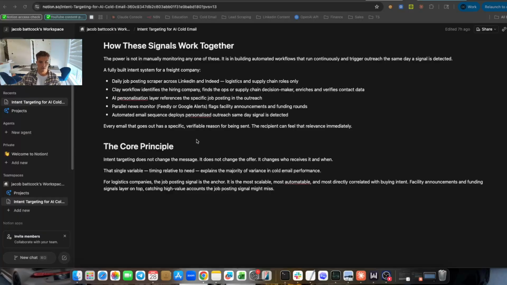So for logistics companies, the job post signal is an anchor. It's the most scalable, most automatable, and most directly correlated with buying intent. But layering in facility announcements and funding signals, and catching high value accounts, is also going to add a higher level of precision in generating your campaign and getting more pipeline in the door for your business.